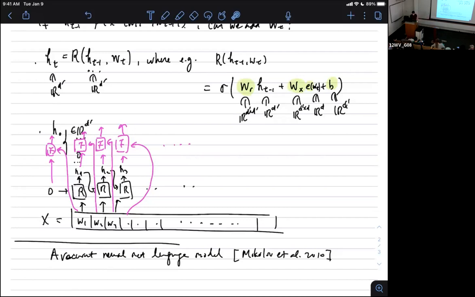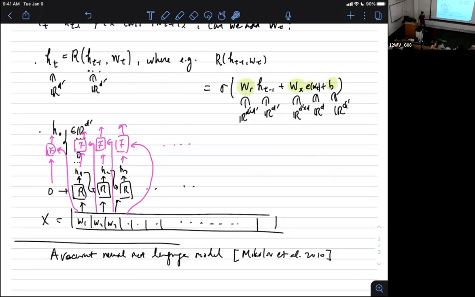What that tells us is that all we need to do is use exactly the same thing we use to train any kind of text classifier. We go forward all the way, make all these predictions, and based on the predictions, compute the log probability of the correct answers everywhere. Then we sum them, because the sum of the log probabilities of the correct next words corresponds to the log probability of the actual input text. Then we use the backpropagation algorithm to backpropagate the loss gradient all the way through the entire thing, and then we update the parameters.